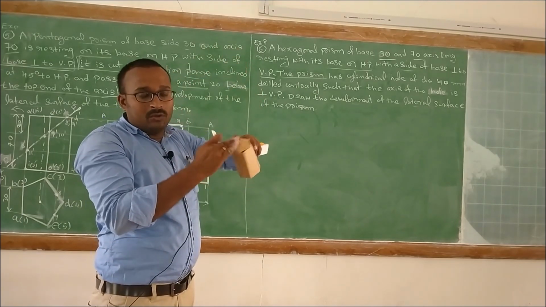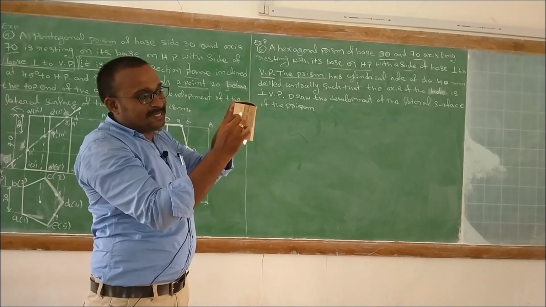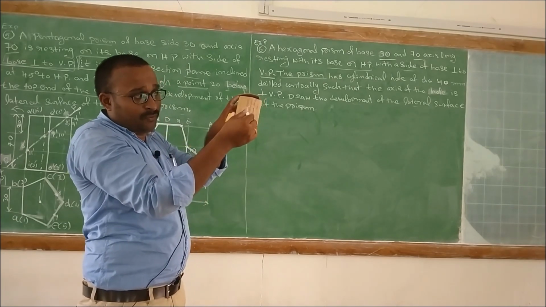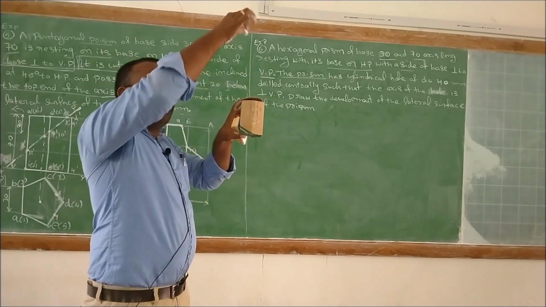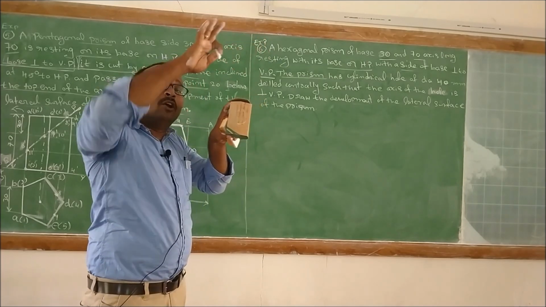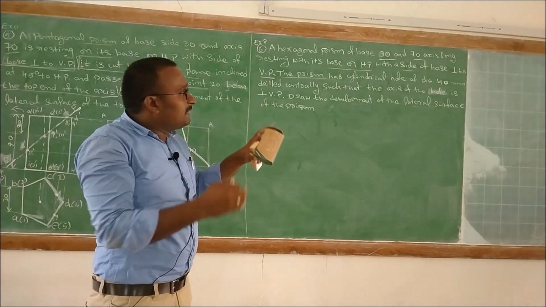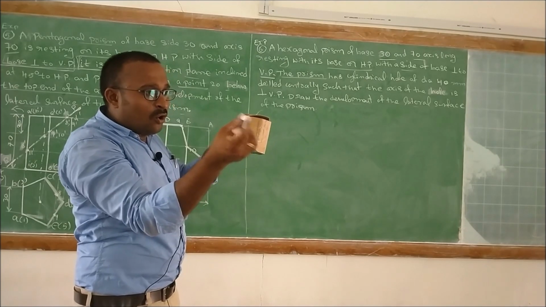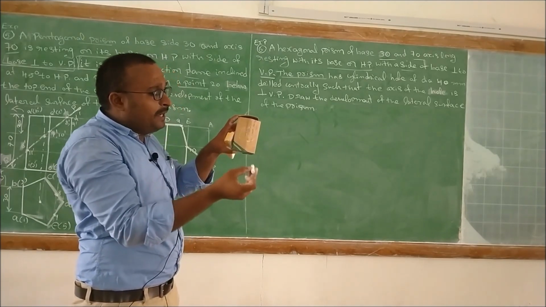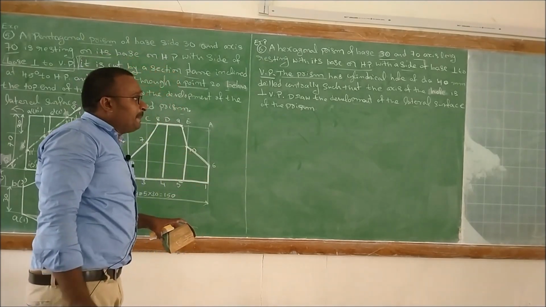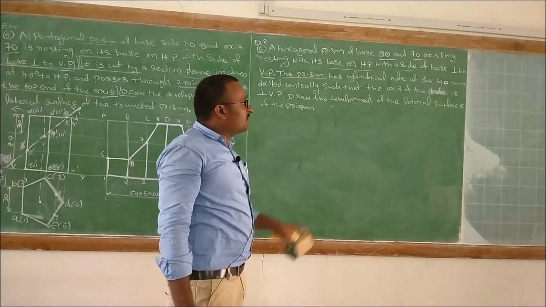Here we don't have the hole. So here we have a hole exactly at the center, and we are going to see it from the front view only. The hole will be visible. When we see from the top view, the hole will not be visible. Right? So that is the thing. The hole axis is parallel to the HP and perpendicular to the VP. So here draw the development of the lateral surface of the prism.